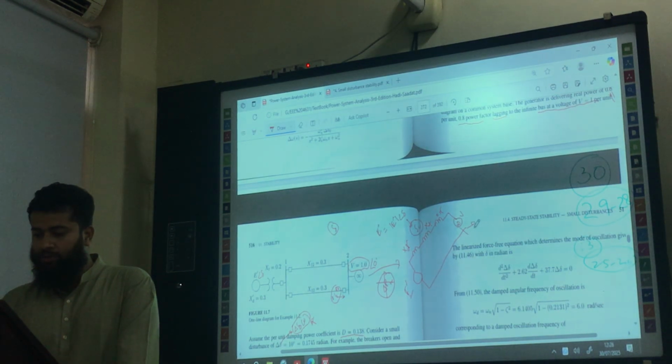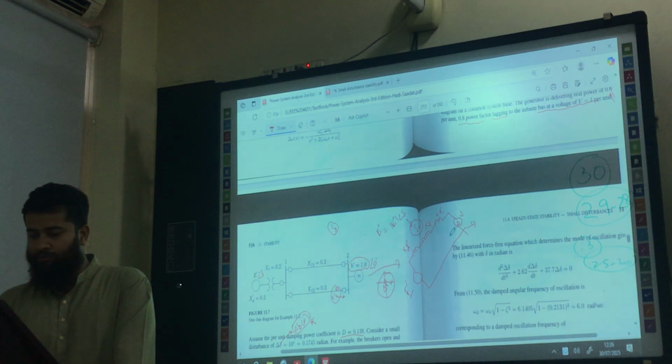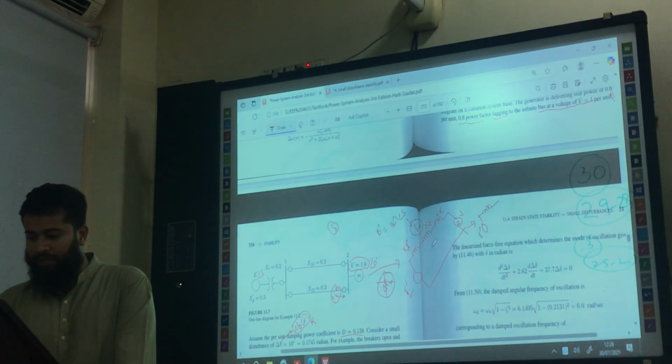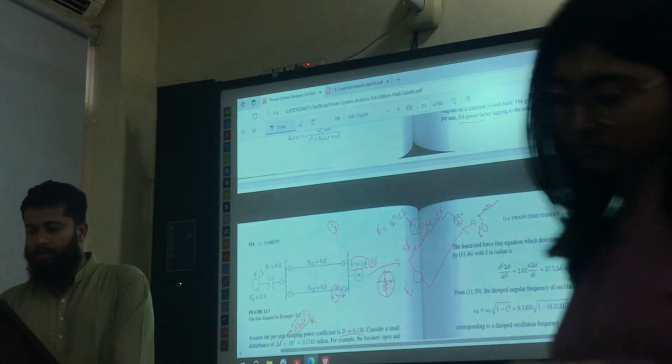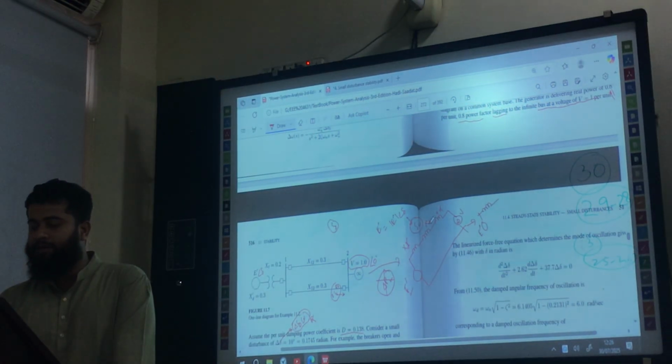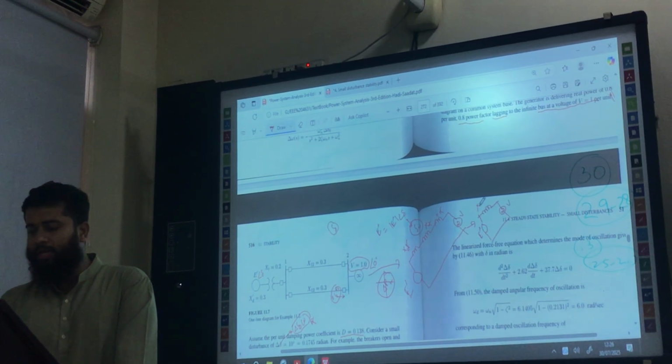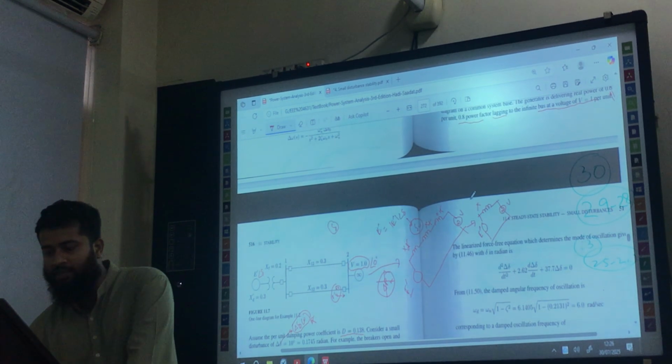If we draw the more simplified version of it, then it will be simply E prime, then one single reactance, because we can just add these three reactances, right? Then there will be only one equivalent reactance, and finally there will be V. Let's say this is our x. We can calculate this x. This x calculation is given here.